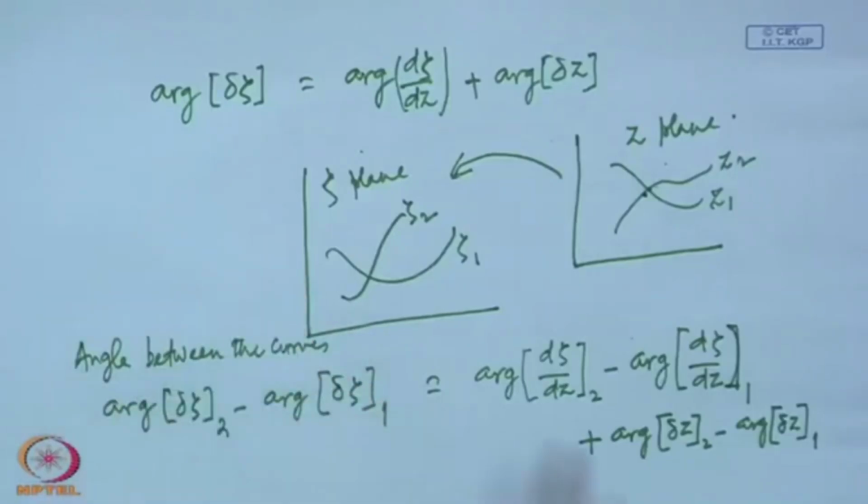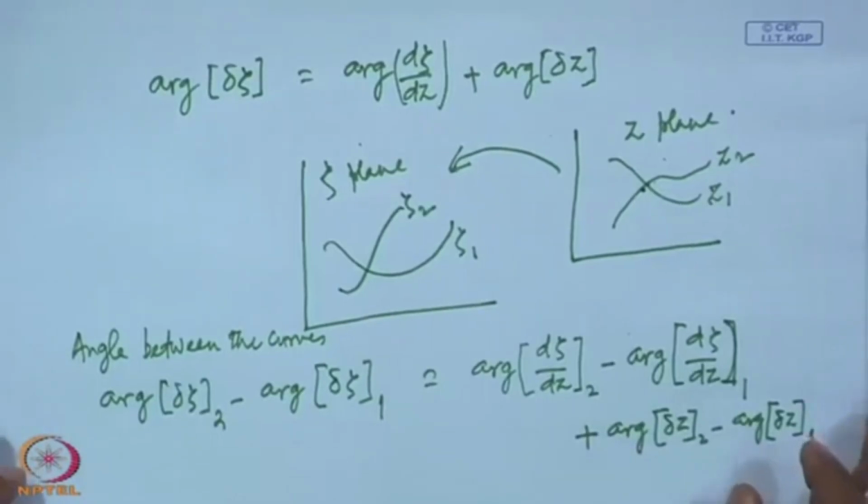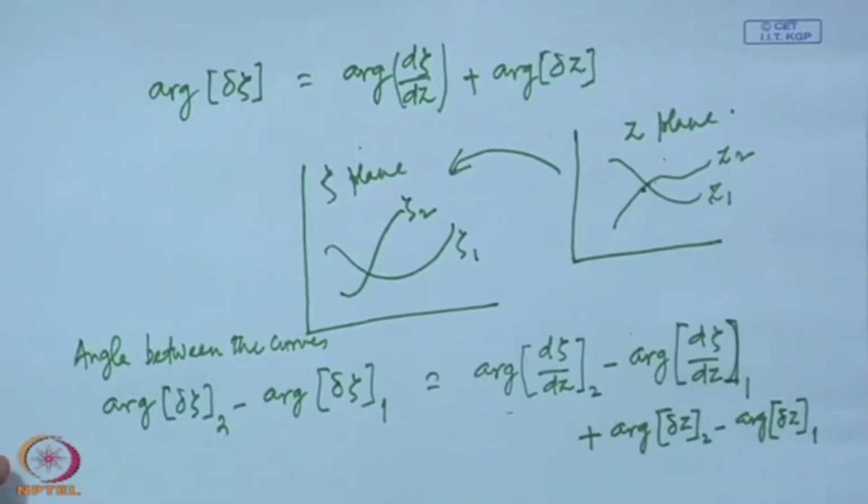That is, evaluating d zeta dz following curve z1 or following curve z2 should be the same. That is by definition of an analytic function. So, for an analytic transformation, these two terms cancel each other.